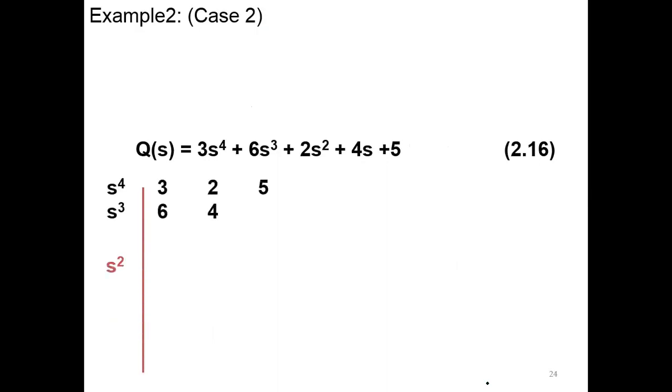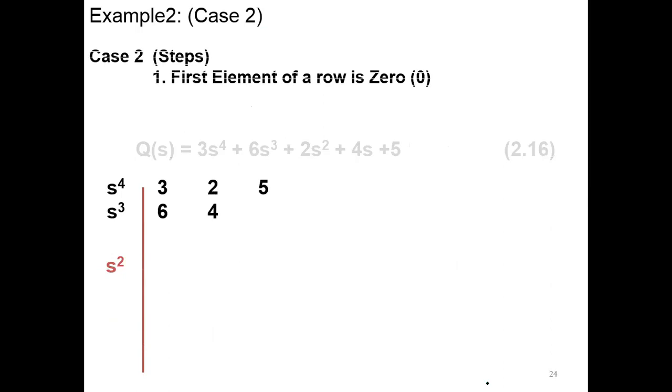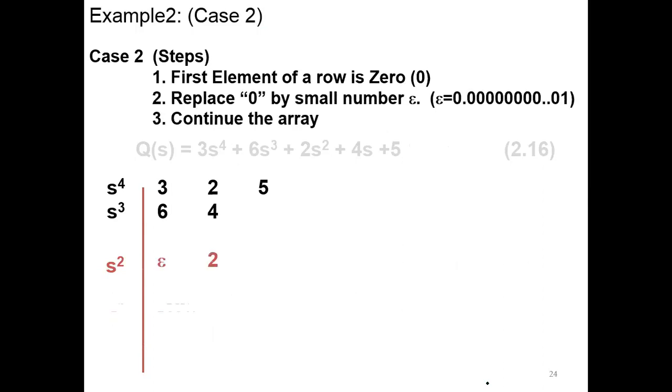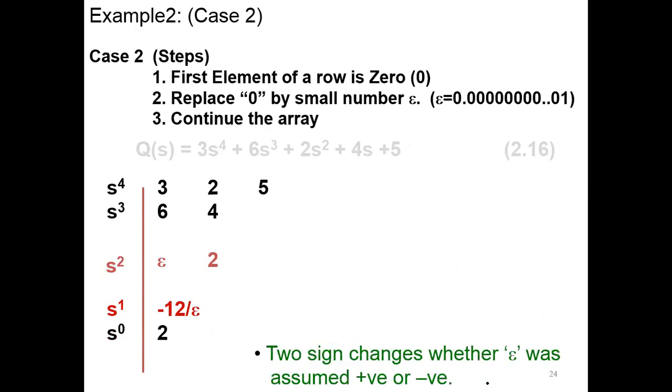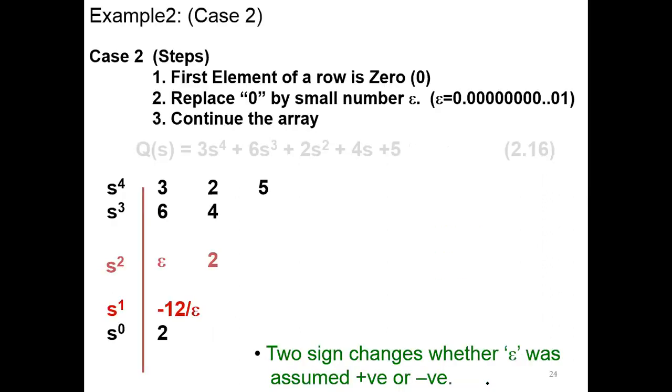For another case, if the first element of a row is 0, we will replace it with epsilon. So this is our previous example.